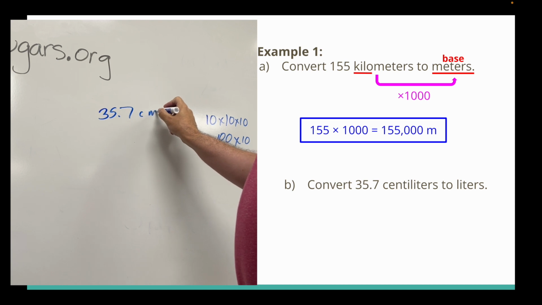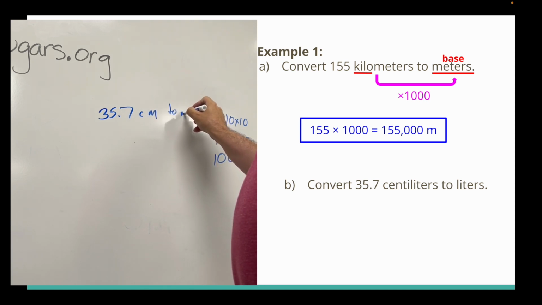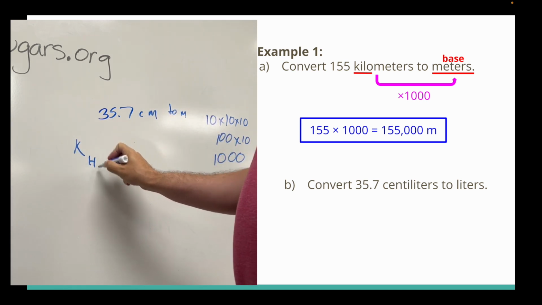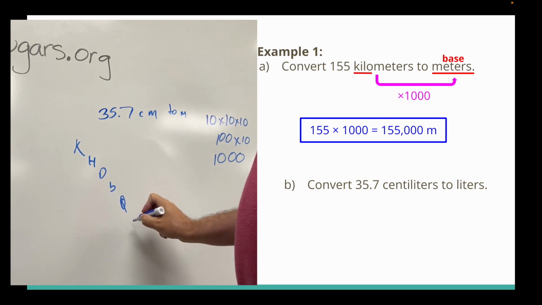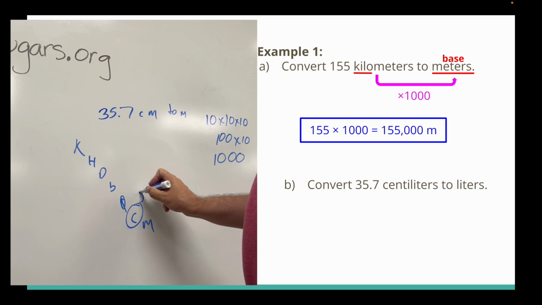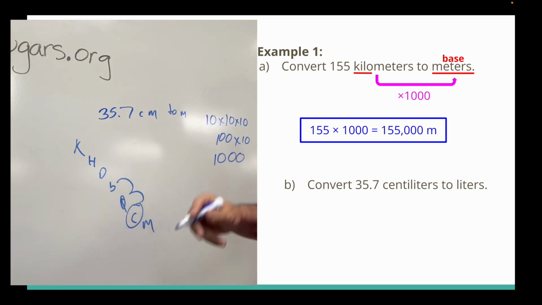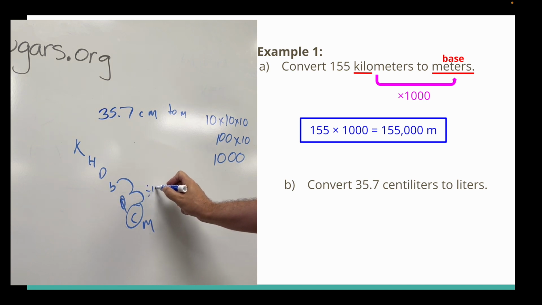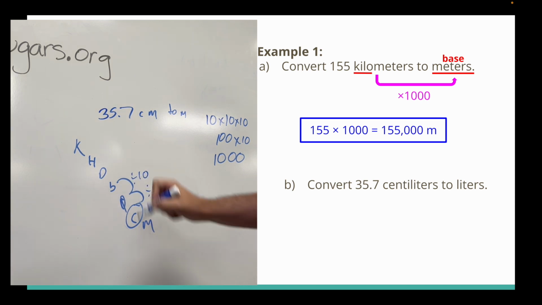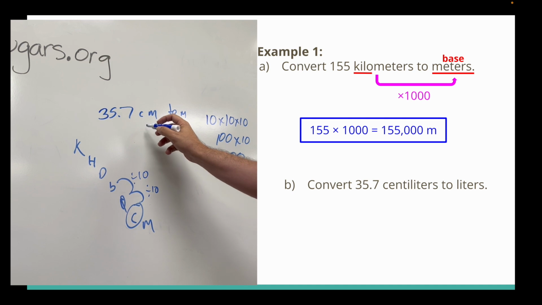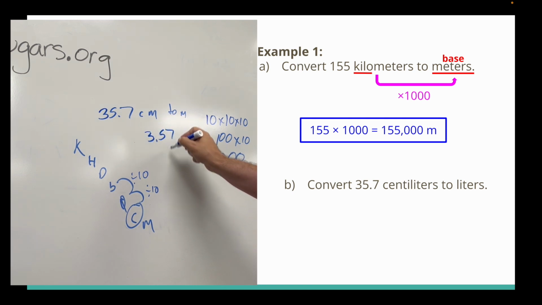So we got 35.7 centimeters, and we're going to meters. King Henry died by drinking chocolate milk. We start at centi, and we're going to meters. 1, 2, and we're going up, so we're going to divide. So divide by 10, divide by 10. 35.7 divided by 10 is 3.57.